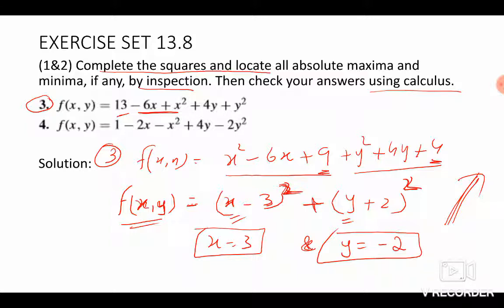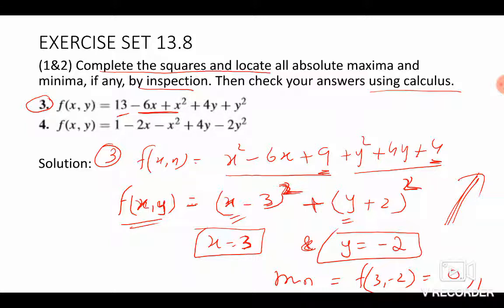Therefore the domain is the xy plane. But at this point x is equal to positive 3, y is equal to negative 2. We know that the function gets a minimum value, f of 3 comma negative 2, which is 0. By our inspection we found it, isn't it?